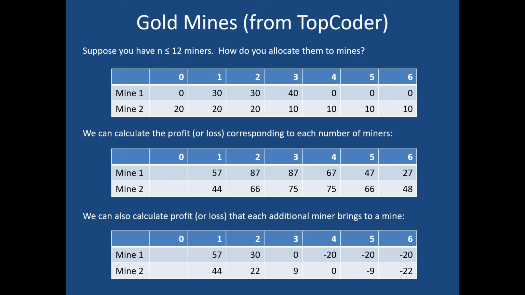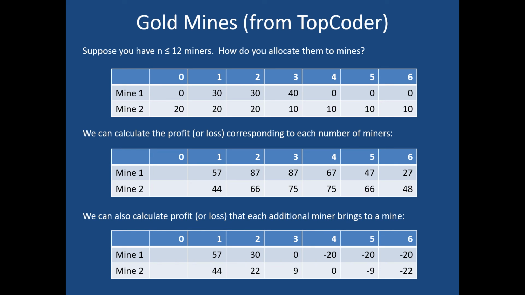This is the profit or loss corresponding to each number of miners. So for example, if you put one miner into mine 1, your profit's $57. That's what we computed on the previous slide. And mine 2, it was $44 if you have one miner.